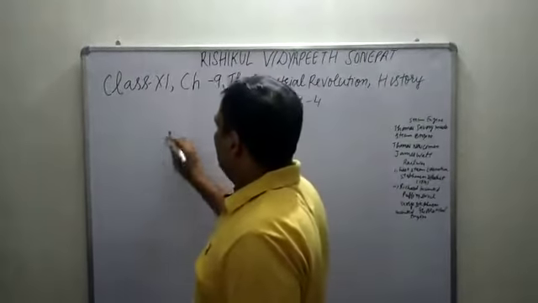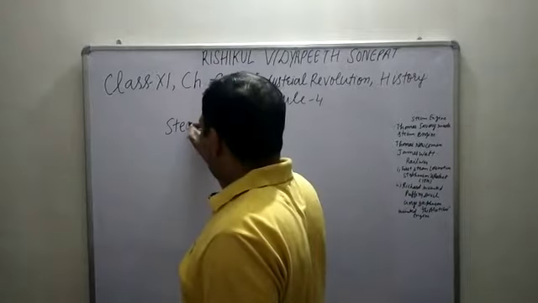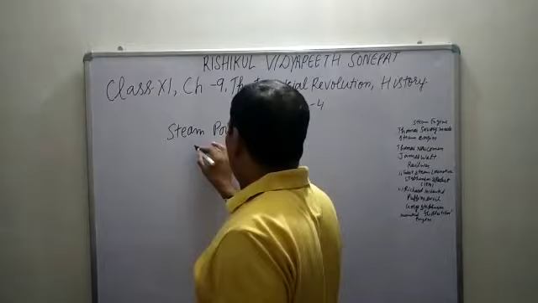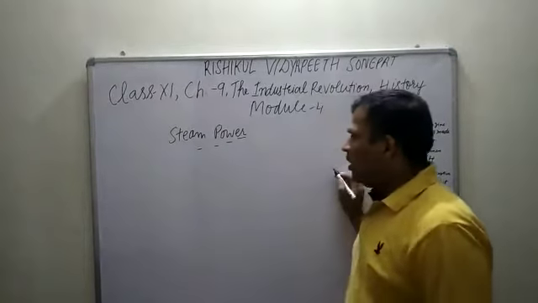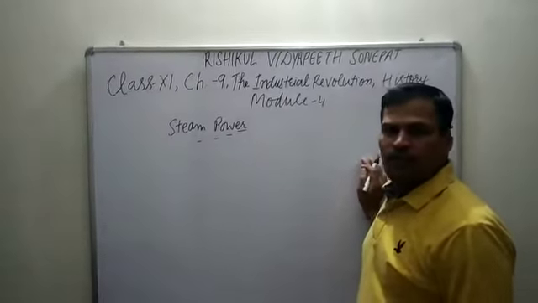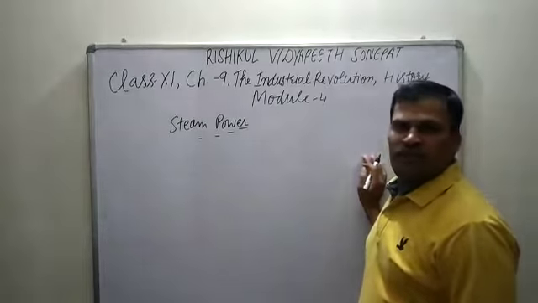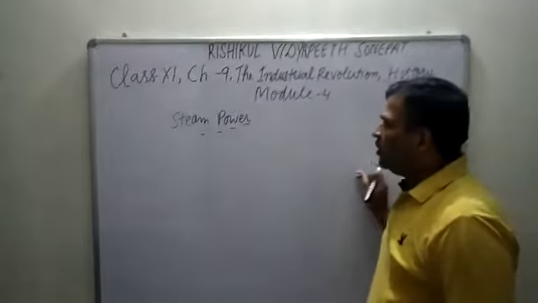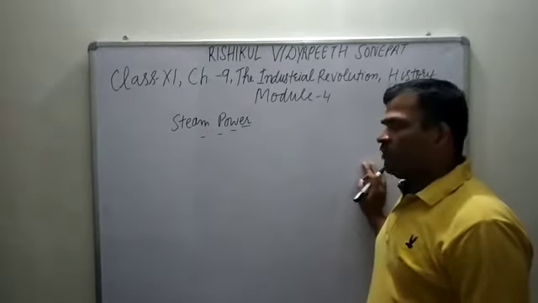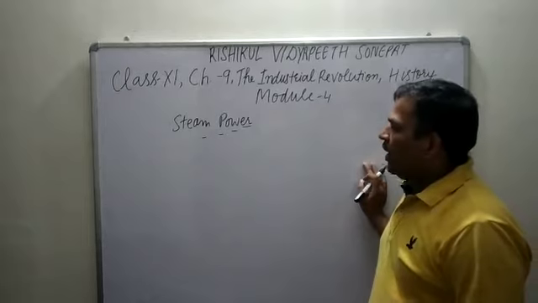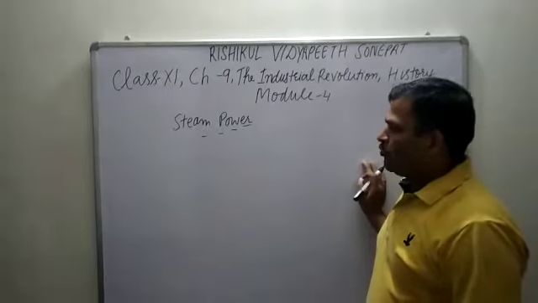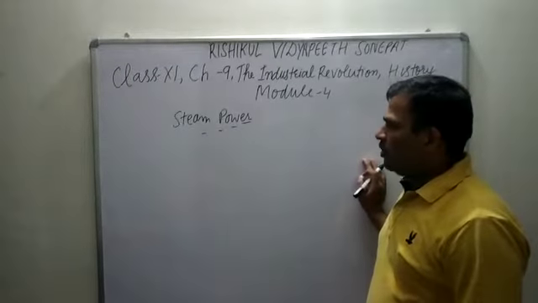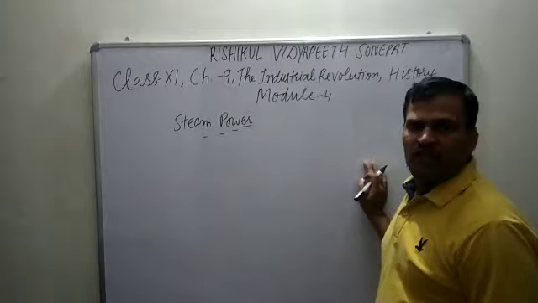Now here, we will discuss one of the important parts that helped the industrialization, that improved the industrialization. That was steam power. As you know, plenty of water is available on the earth, and earlier this water was used only for agricultural purposes, for drinking and for other basic needs.